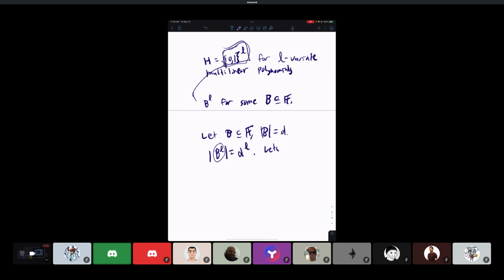And let's say I have values, now indexed from 1, sorry, just switching from 0-indexing to 1-indexing, V1, V2 up to V_{D^L}, values from the field.